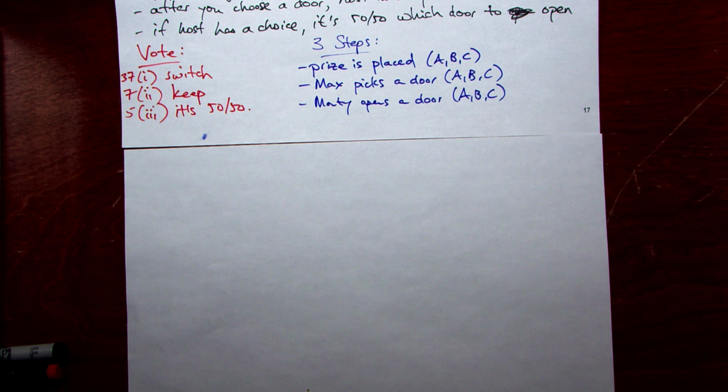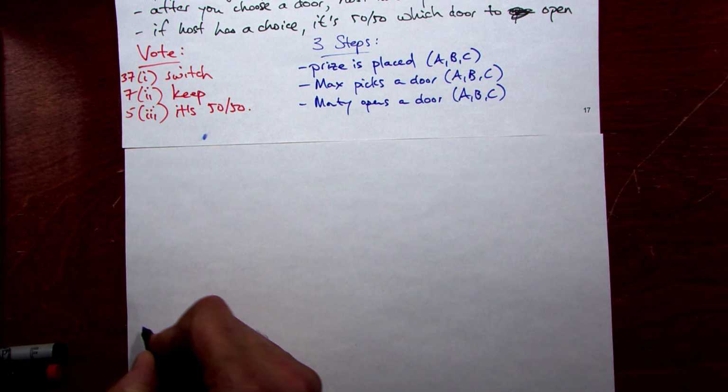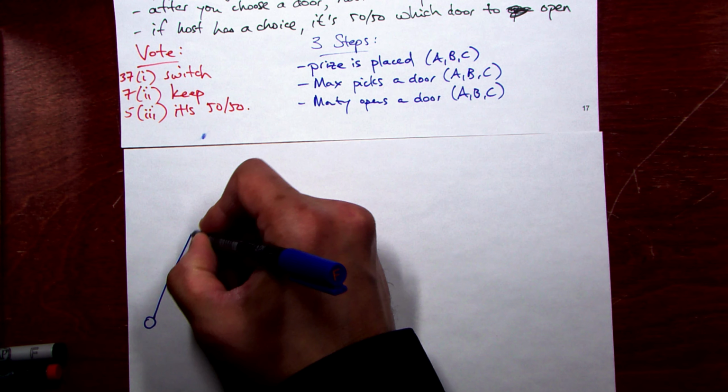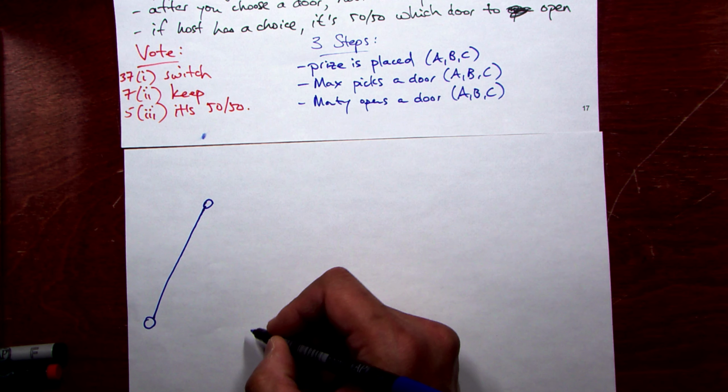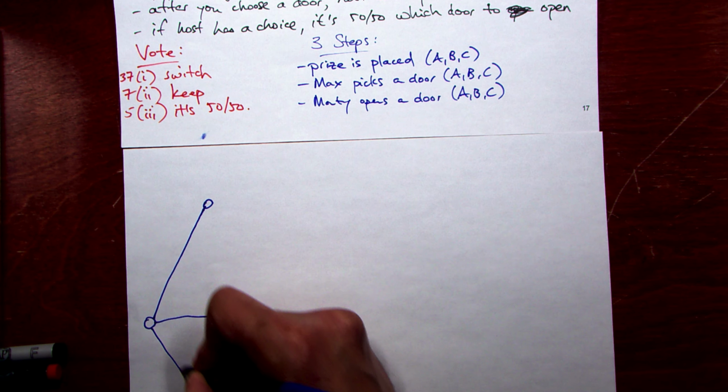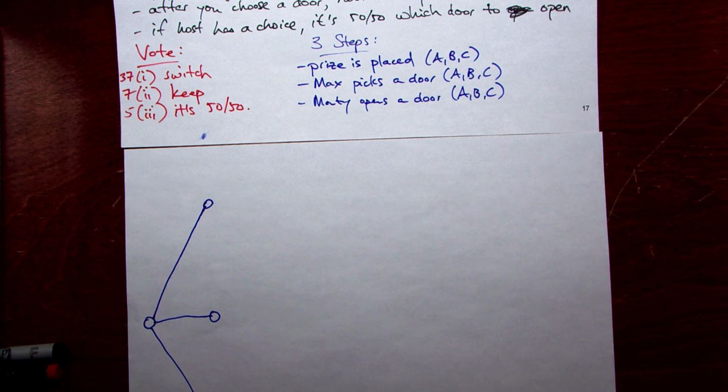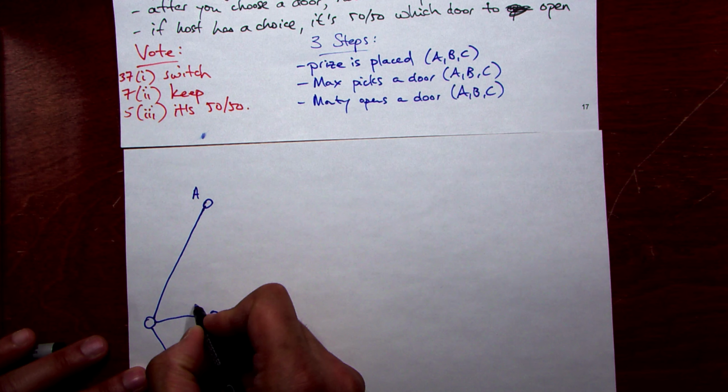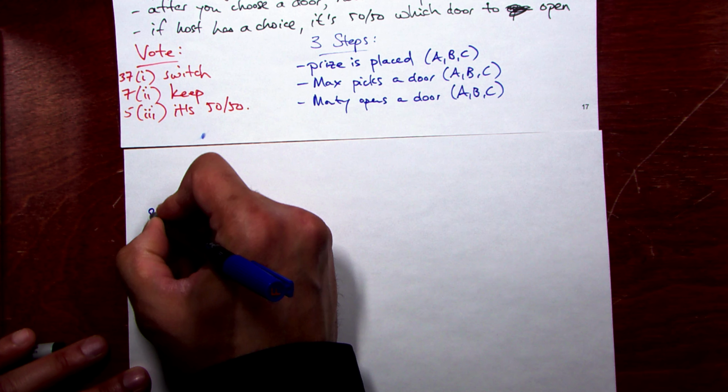Okay, and I'm going to draw the tree on its side because, well, it's a big tree. So we'll start down here, and we'll go kind of up there, and here, and then get this one down here. I know that's off the page, but you'll live. So this will be A, B, and C for the first step. So this is the prize location.